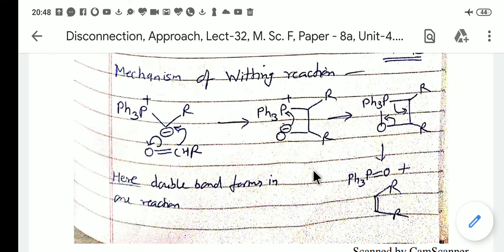So by the Wittig reaction, we can easily prepare the alkene.